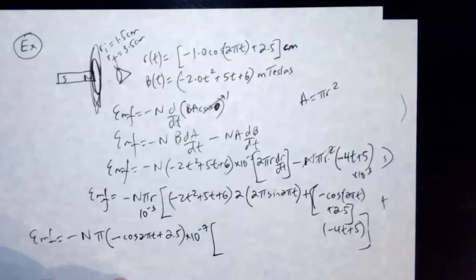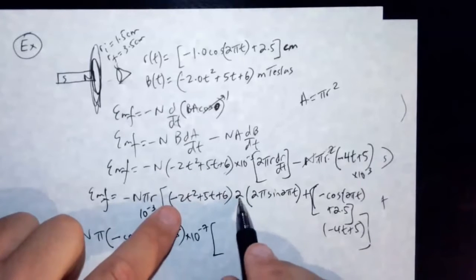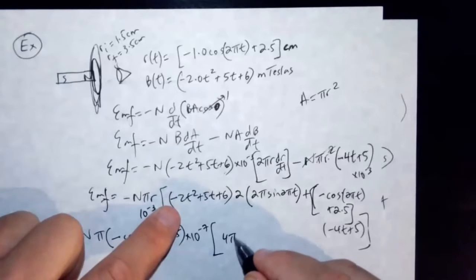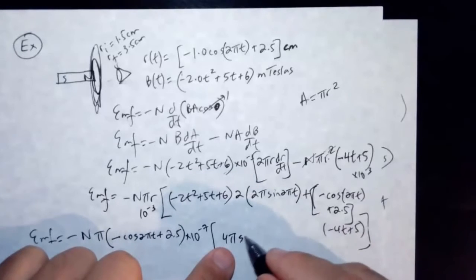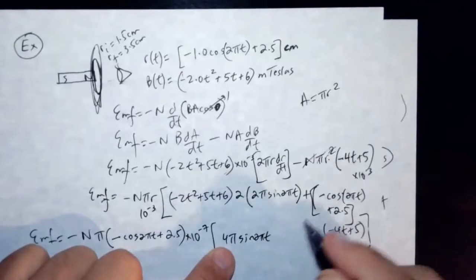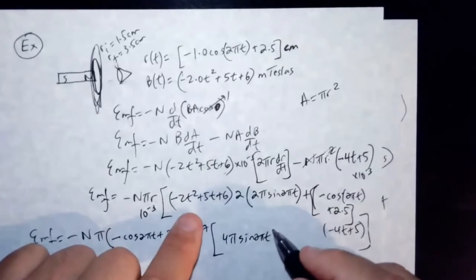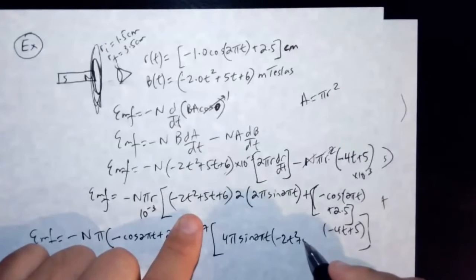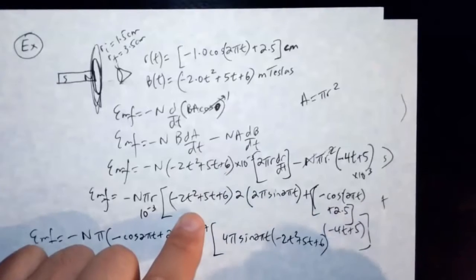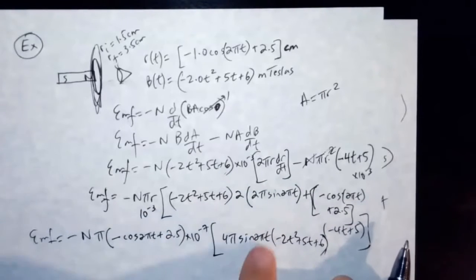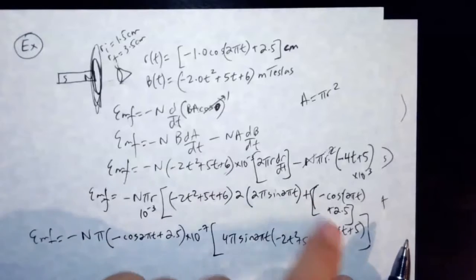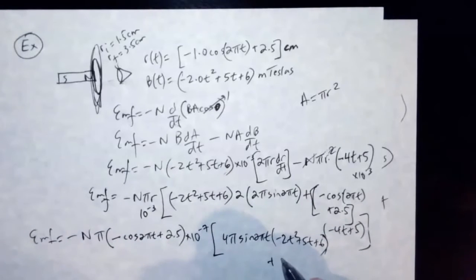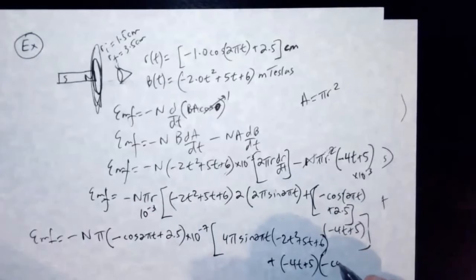Okay, then you're going to have here 4 pi times sine of 2 pi t times negative 2t squared plus 5t plus 6, right? Plus this thing. That's probably as simplified as you can get it. Negative 4t times that whole thing.